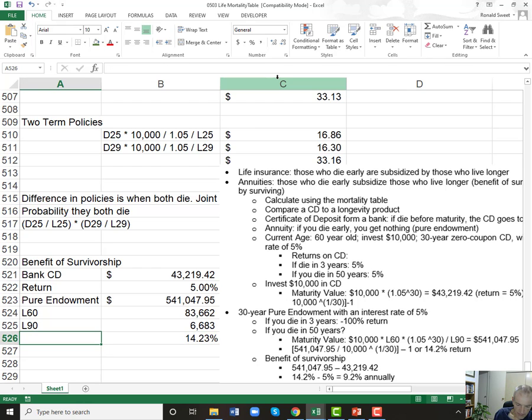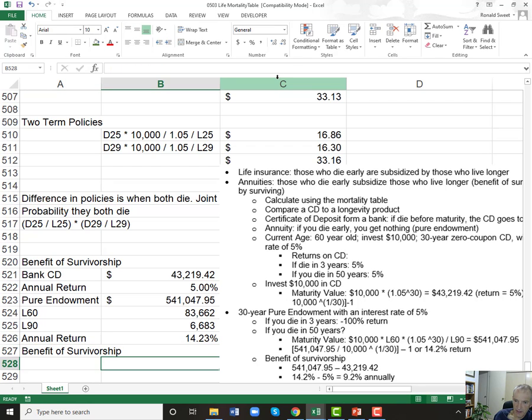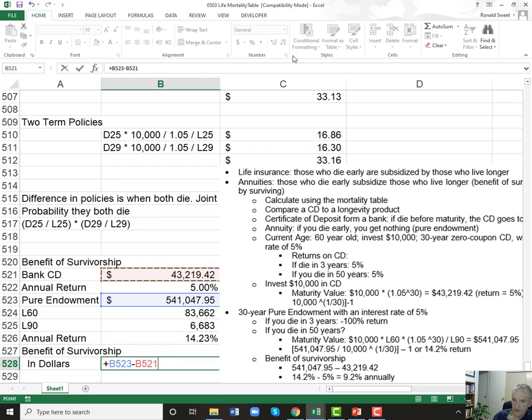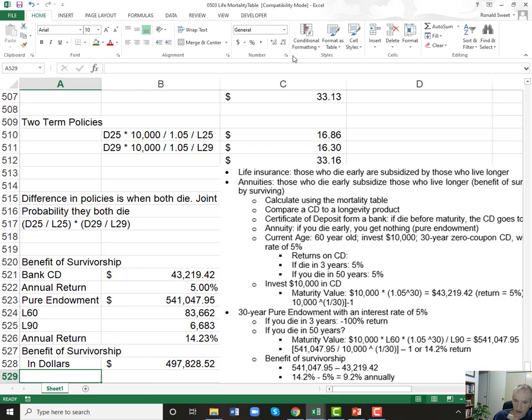So that's the annual return, and then here's what we call the benefit of survivorship. You can do it in dollars and say, wow, you get $541,000 versus $43,000, or you can do it in return.